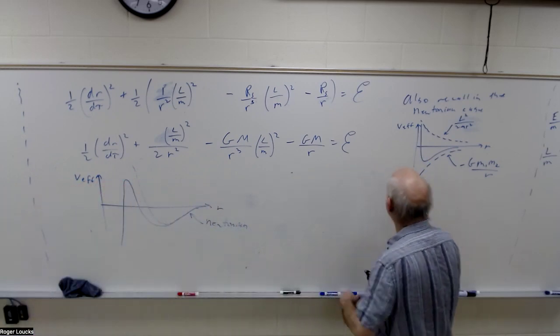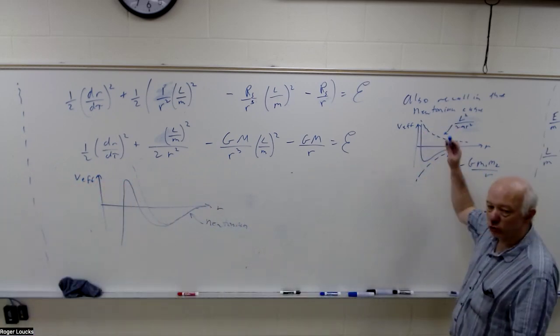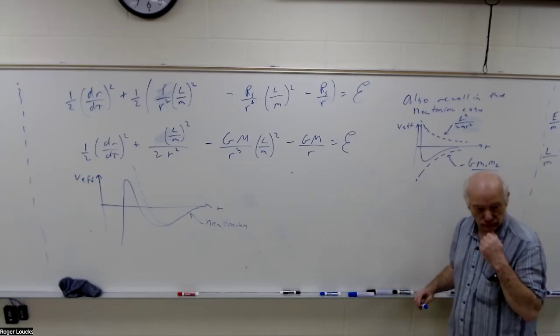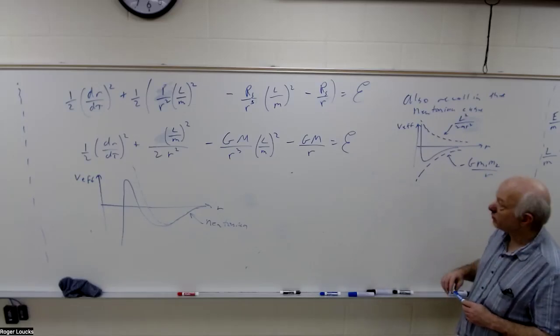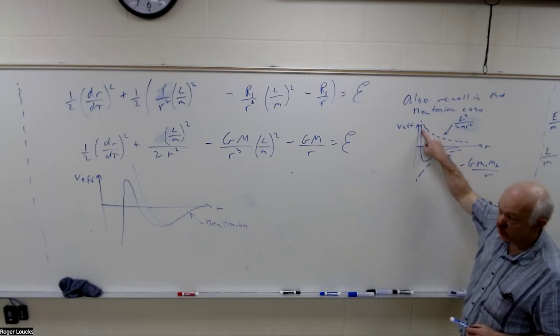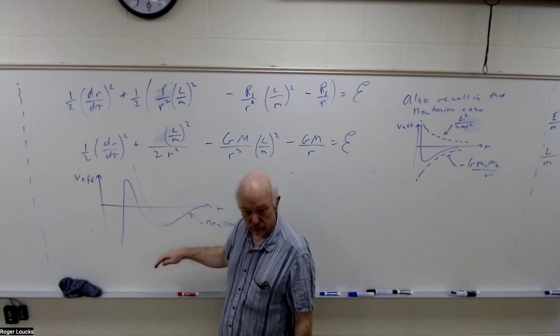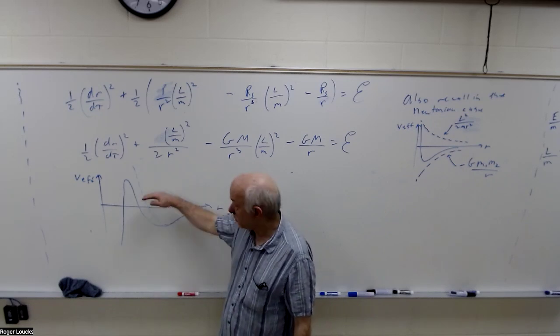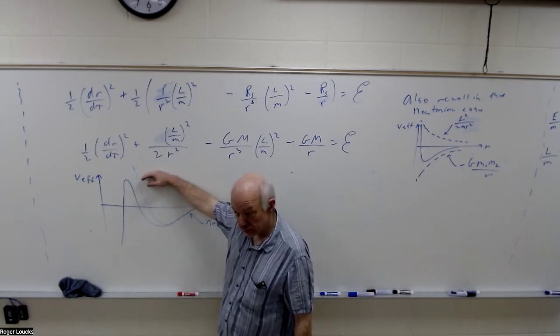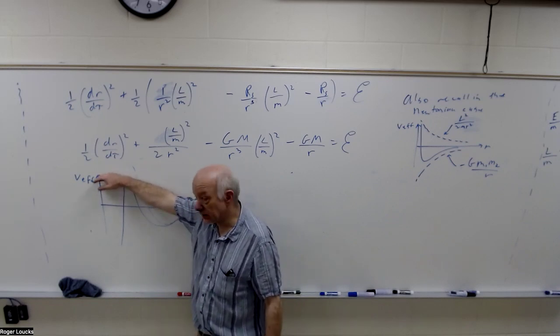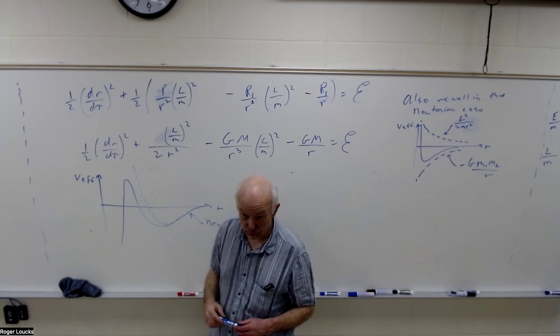In the Newtonian case, no matter what the energy is, you always have a turning point. In this case, depending on where your energy is, you have a turning point. If you go over this barrier, you don't have a turning point.